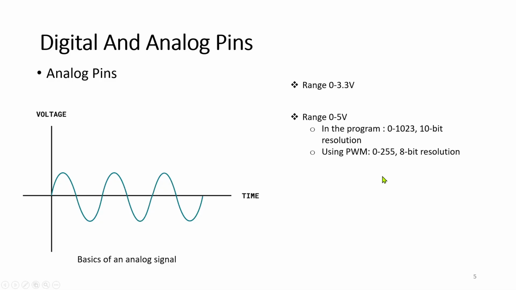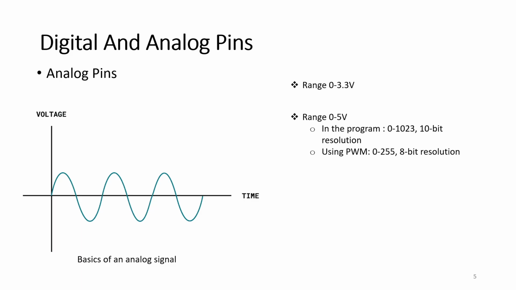After talking about the Arduino inputs and outputs, we're going to talk more about analog pins and digital pins. An analog signal is generally bound to a range. In Arduino, that range is 0 to 5 volts or 0 to 3.3 volts.